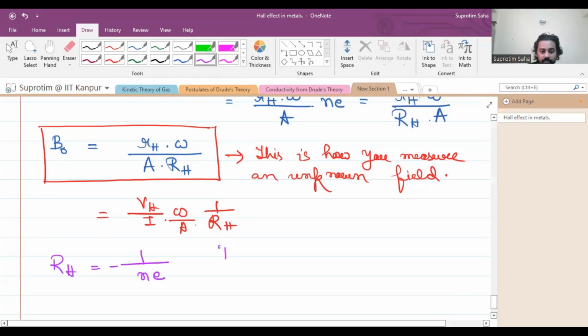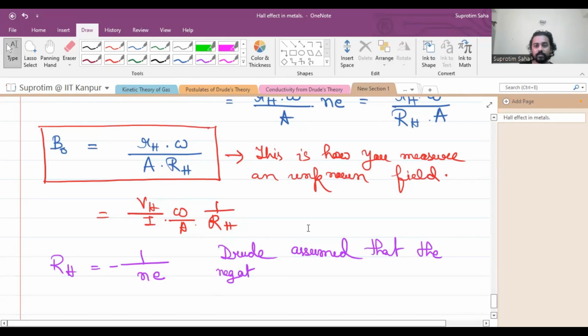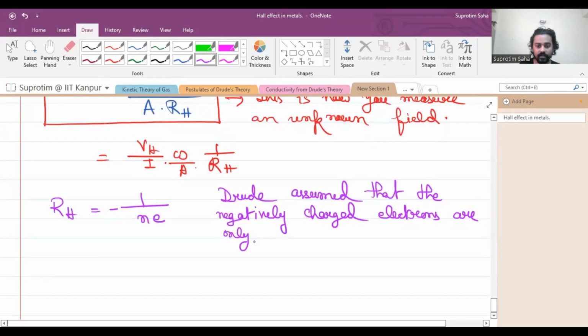So Drude assumed that the negatively charged electrons are the only charge carriers. But this is not the case.